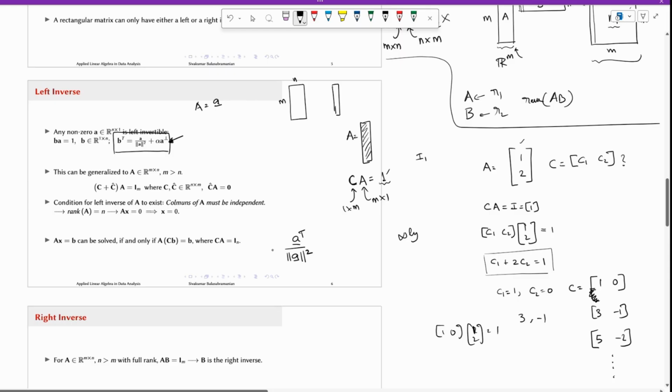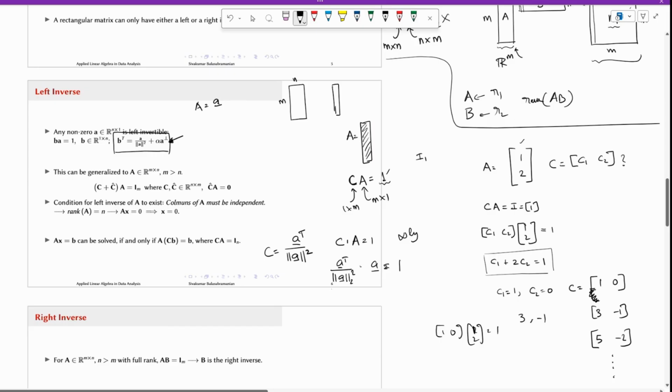If you call this C, then C times A will be 1, because C is A transpose divided by the square of the Euclidean norm. A transpose A, the inner product of A with itself, is simply the square of the Euclidean norm. The numerator and denominator are the same, so this turns out to be 1. That's one possible left inverse.